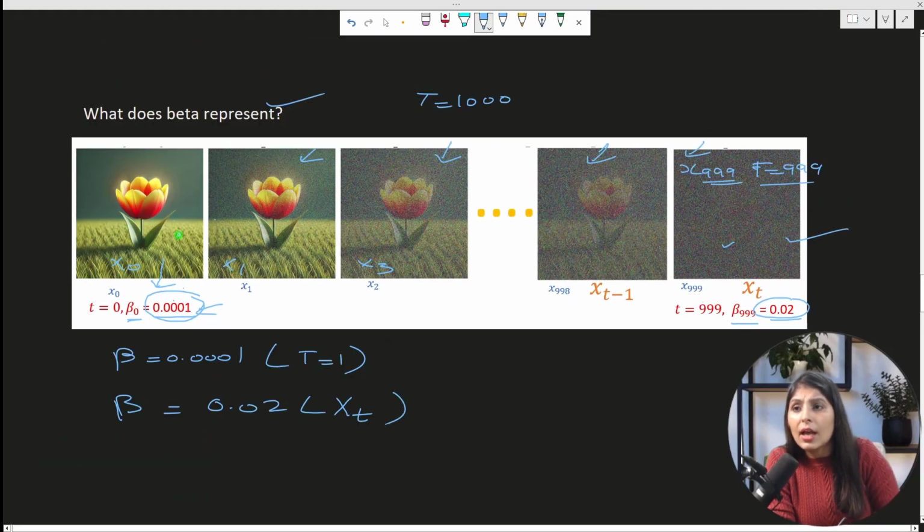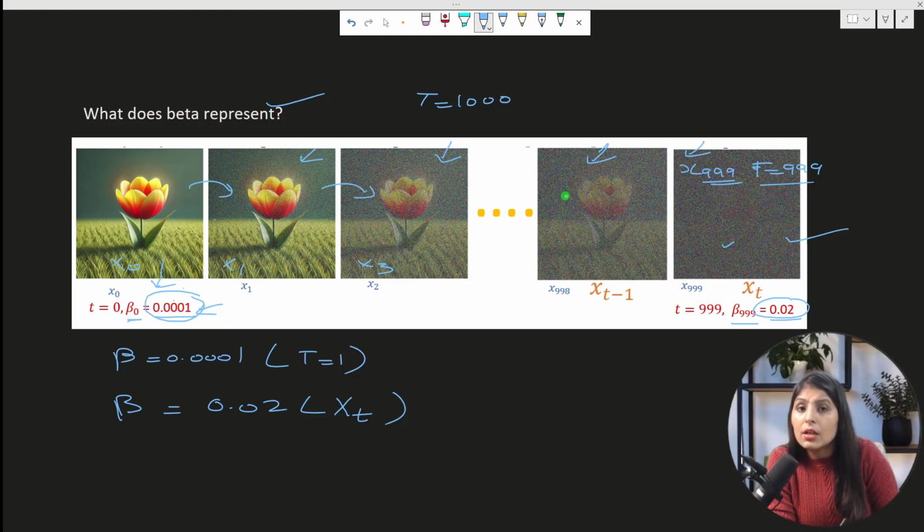At every time step we will add noise to it, and the amount of noise which we are adding at each time step is controlled by beta.